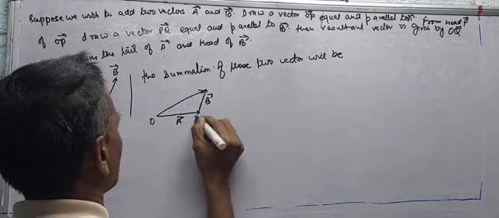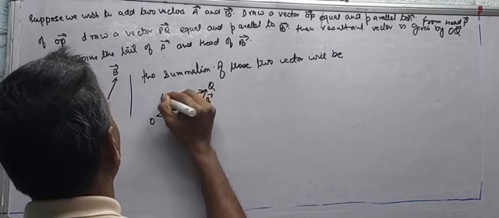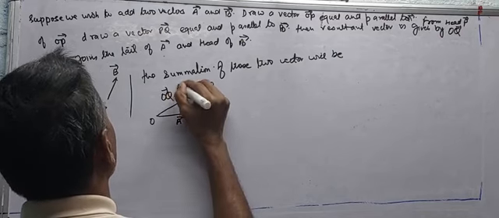This is O, P, Q, and OQ vector is the resultant vector.